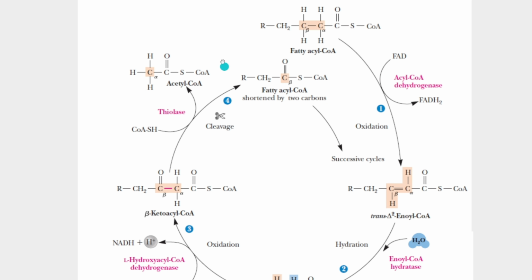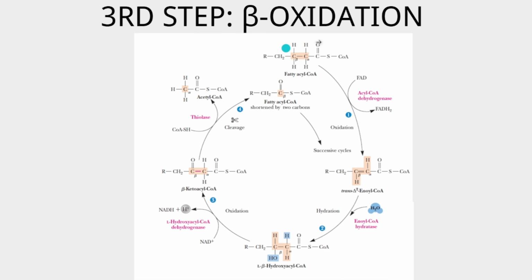So there will only be acetyl CoA here, and this acetyl CoA will enter the Krebs cycle. The other coenzyme A will bind to here to form back fatty acid CoA, and then do the cycle again and again until all the acetyl CoA is formed.